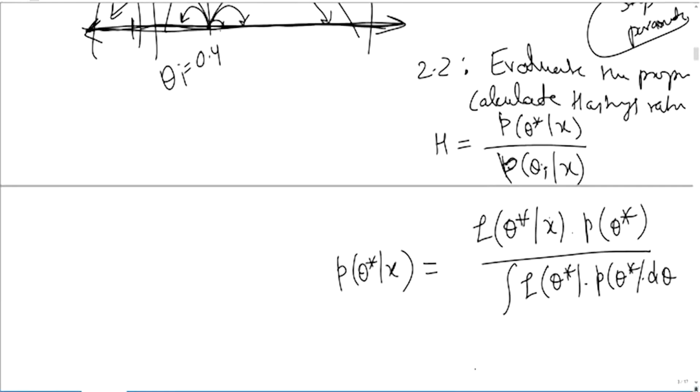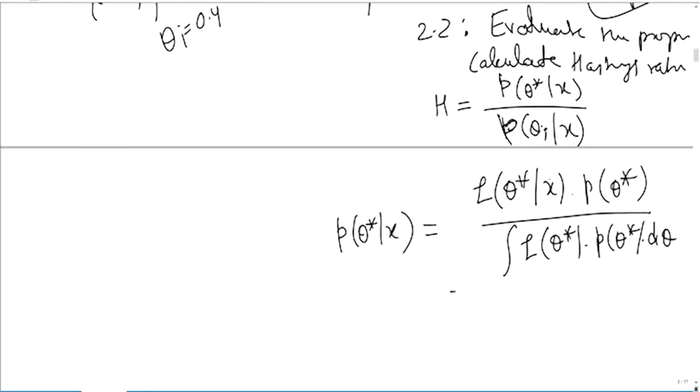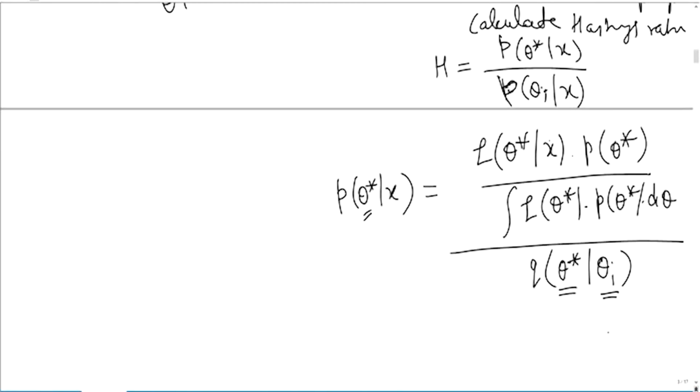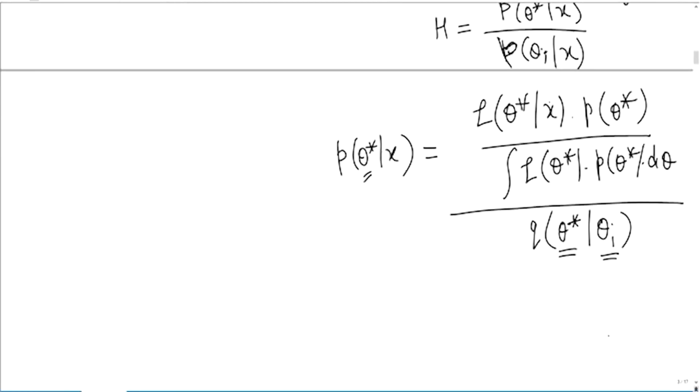Also, you need to take care of the bias, since we are generating this proposal theta star from the density q. So I need to divide it by the probability density of generating theta star given theta I. This will give you the posterior density of theta star. Similarly, what would be the posterior density of theta I?